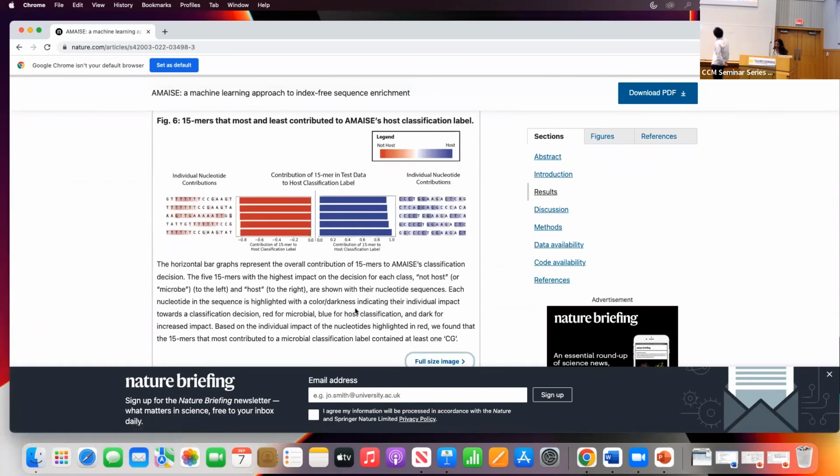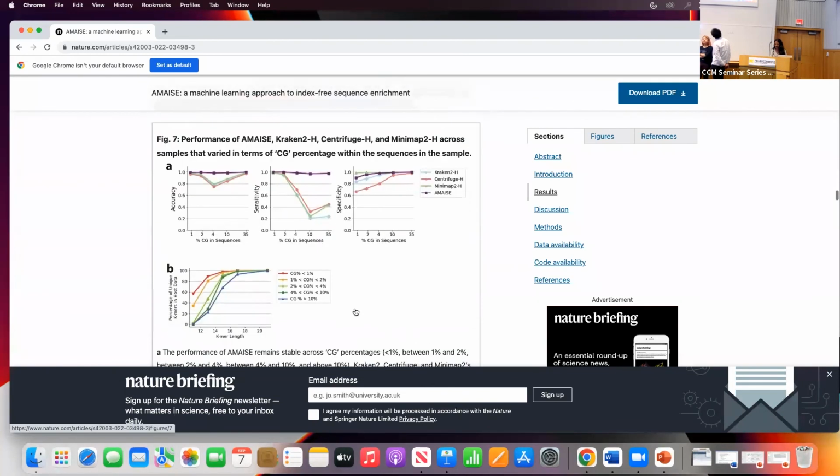I think one of the biggest things that we found was that the 15-mers that contributed most to a microbial classification label contained at least one CG. And I think there's CG suppression that occurs in vertebrates. And so that was something that we found that matched with biological intuition.